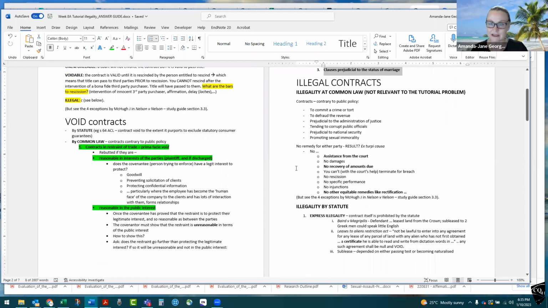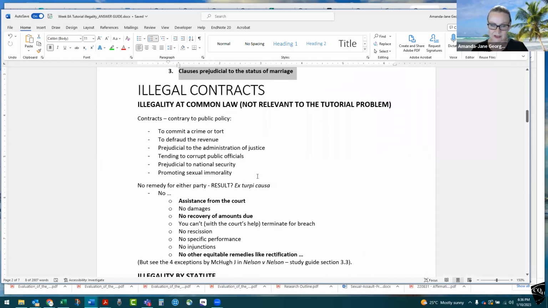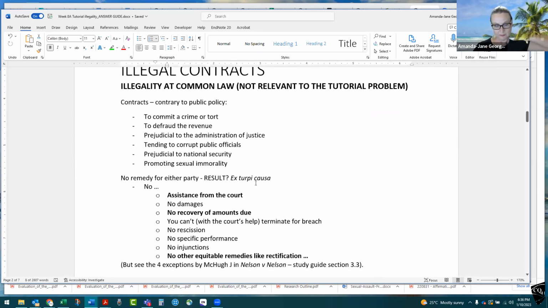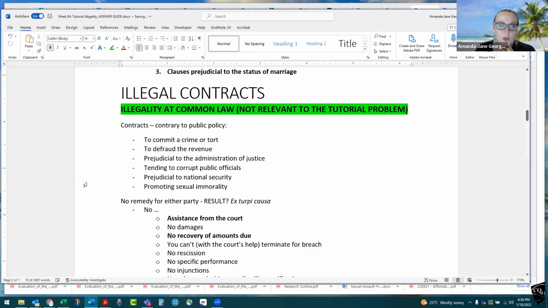Then we come to illegal contracts. I might just make this a little bit bigger so that you can see this a bit better. Is that a bit better? Okay, so we have a number of situations where again common law will declare a contract illegal.